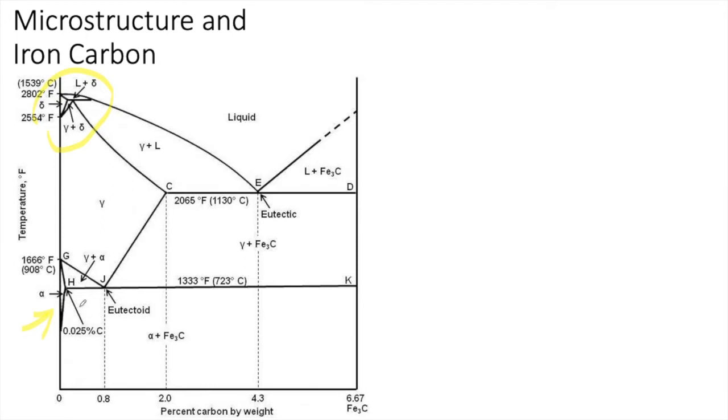The eutectoid line HK is from 0.025% carbon to 6.67% carbon. The eutectoid is at 0.8% carbon, where the austenite transforms to alpha plus cementite.